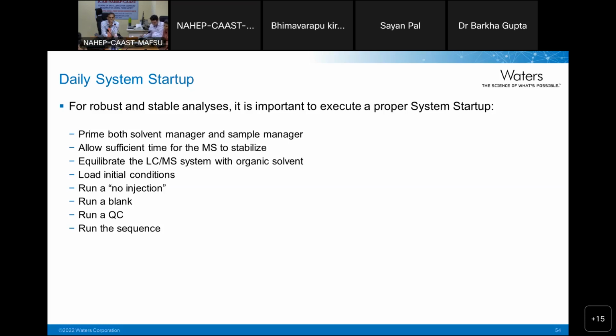That's why we are saying that before you do any experiments, you perform these startup steps and follow the tips we discussed at the start, so that we ensure the starting points are correct. Later on, if there is still some problem, then we need to troubleshoot. But we can eliminate certain things by doing a proper startup and sticking with certain operating procedures.